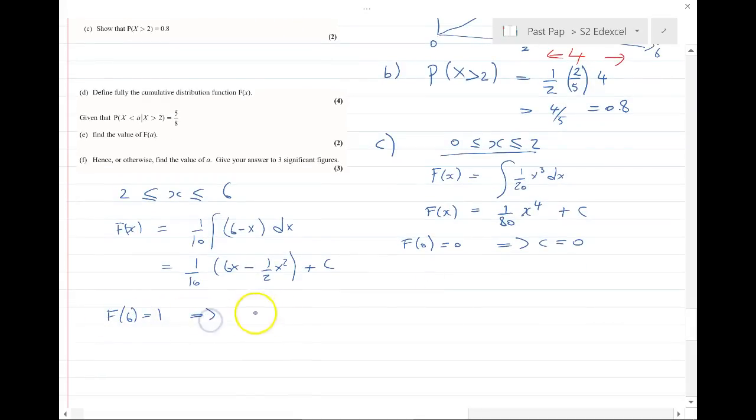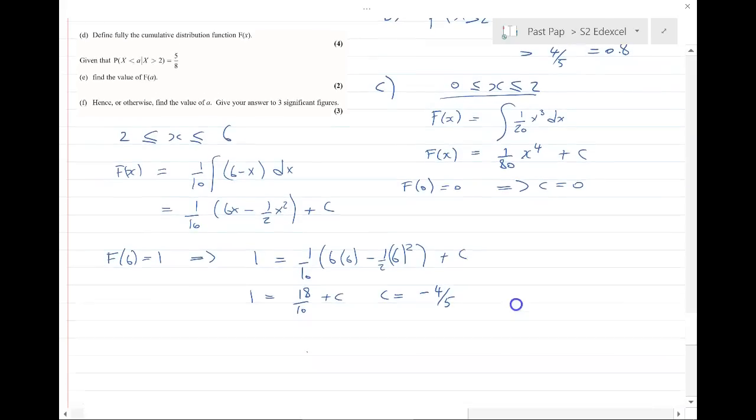So that gives me 1 equal to 1/10, 6 times 6, minus a half times 6 squared, plus c. That's 36, that's 18, so that's 18/10 plus c, which gives me c is equal to 1 minus 9/5, so that's minus 8/10, so it's minus 4/5.